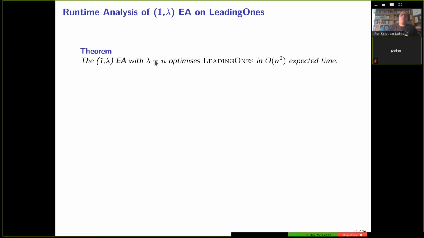Okay, now we can analyze how long it will take for the 1 lambda EA to find the optimum of leading ones. So what we will prove is that the 1 lambda EA, if you choose lambda to be n, will optimize leading ones in big O n squared expected time.